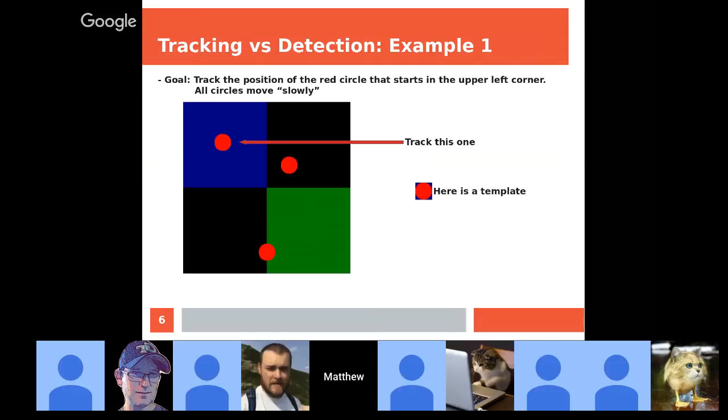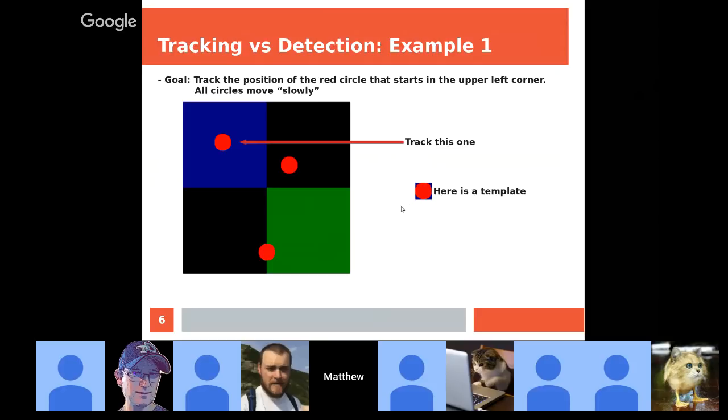So in my first example, I've got 3 red circles that are going to move around the page. And I want to track one of them. I'll consider it a wrong answer if we track this circle or this circle. I want to track this circle as it moves slowly around this image, and the image has some wonky background with blue and green squares.